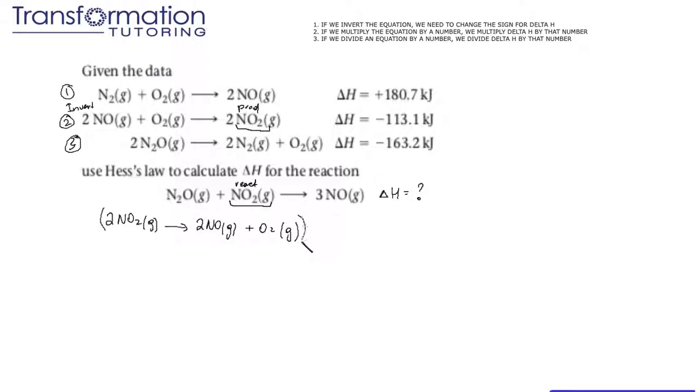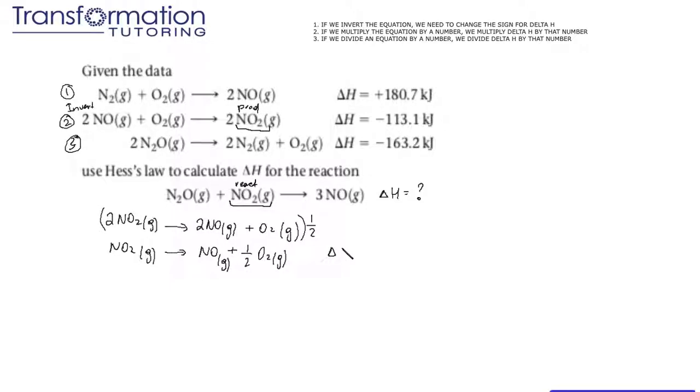That is no good, so we have to multiply this equation by 1/2 to get, and we will get NO2 just like we want it to be, goes to NO. Each coefficient gets multiplied by 1/2, NO gas, plus 1/2 O2 gas.